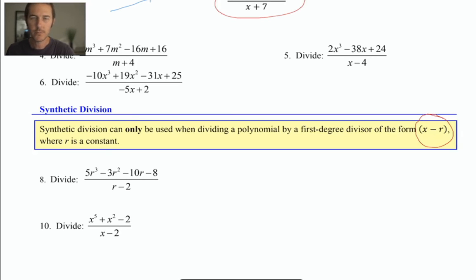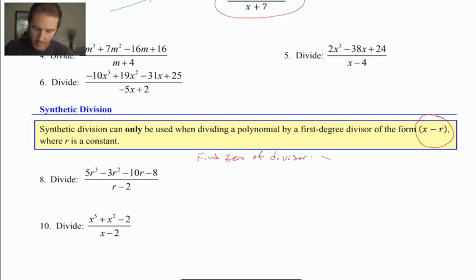You could work it and be able to do synthetic division, but easier would be to do long division. But if it's a very simple divisor like x minus 2, we can do synthetic division. And the first step in synthetic division is to find the zero of the divisor. Find zero of divisor.